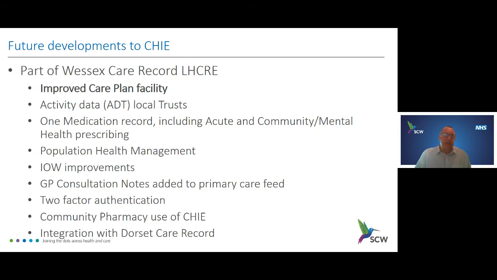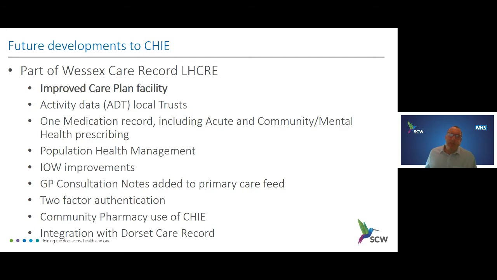I just want to pick out a couple of these things. So a lot of it is continuing to improve the access to data for different professional groups and improve the data that we hold.